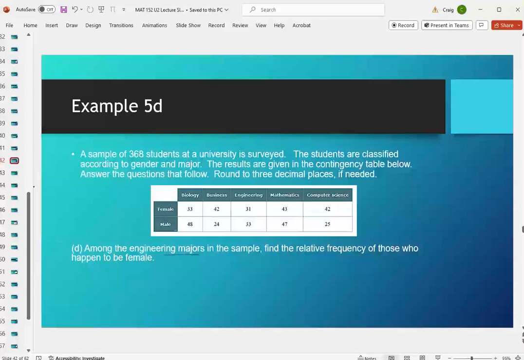Here's all of our engineering students, and it's only those folks that are in engineering that are in the sample. 31 of them are female, so 31 out of the total of 64. And if we reduce that, 0.484.